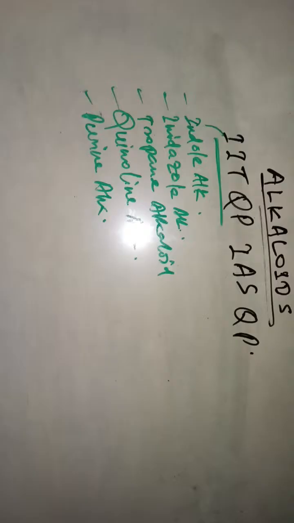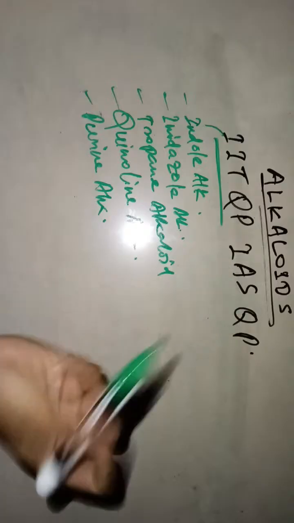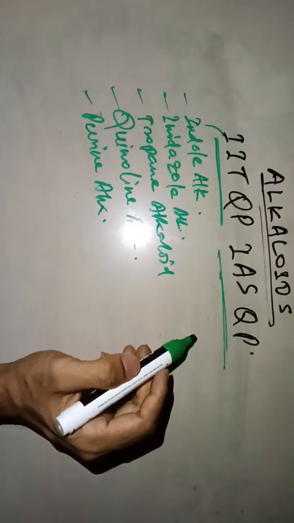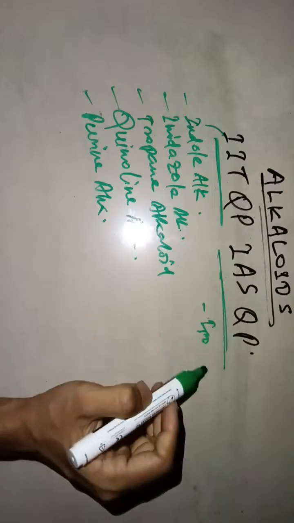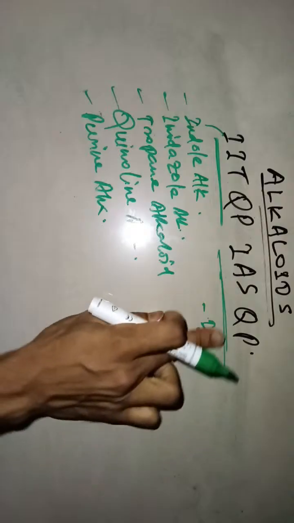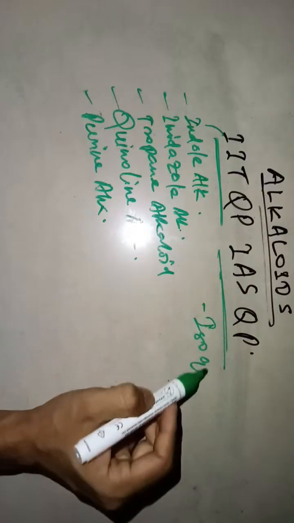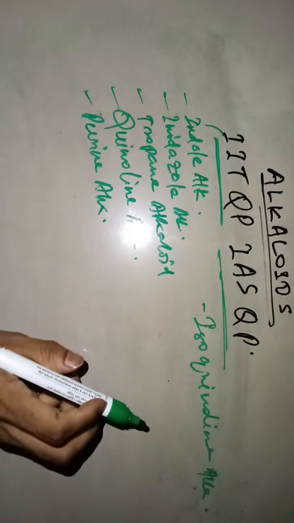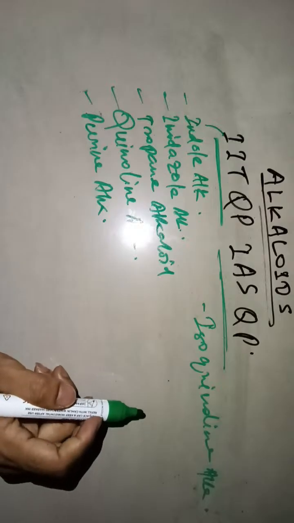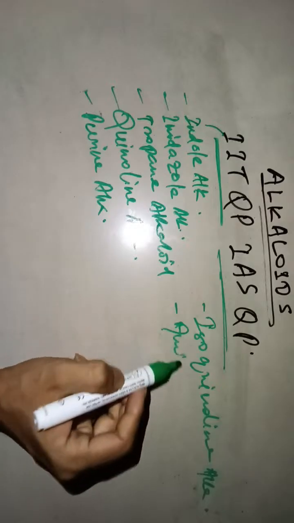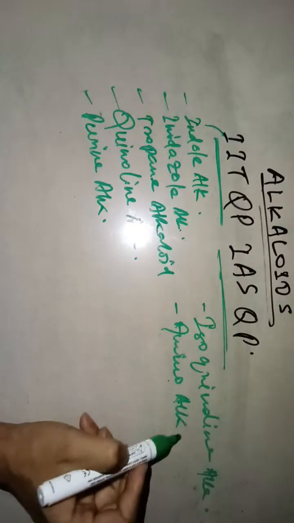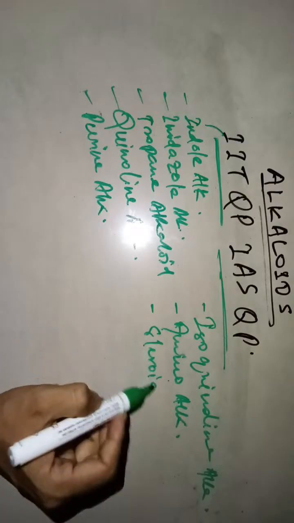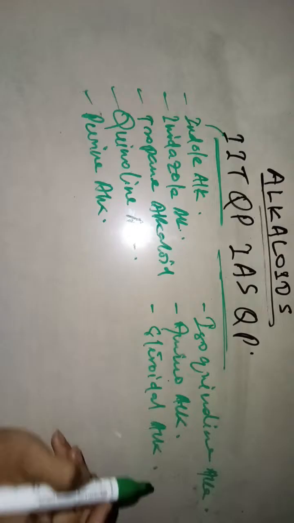Next, IAS question paper. So IAS question paper means isoquinoline alkaloid, amino alkaloid, IAS steroidal alkaloid.